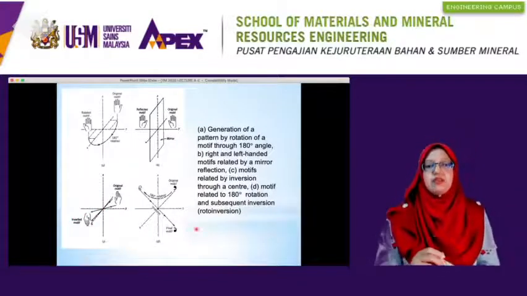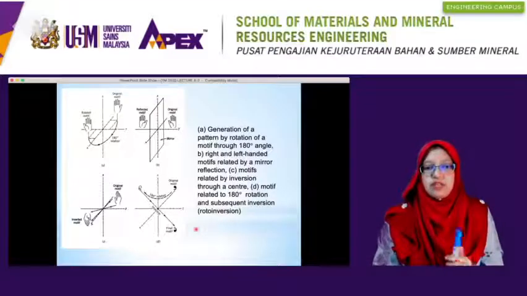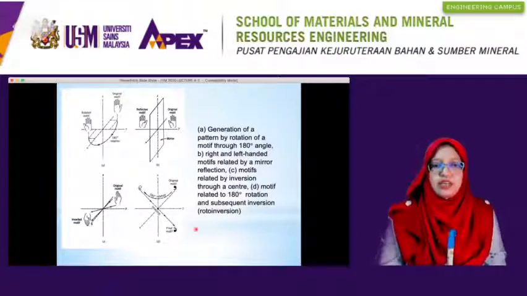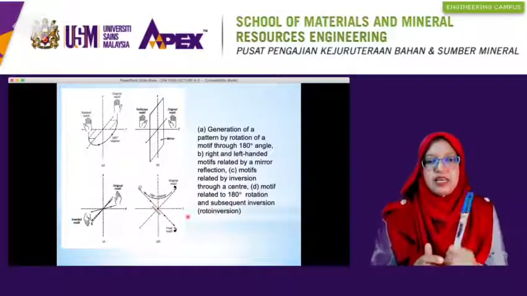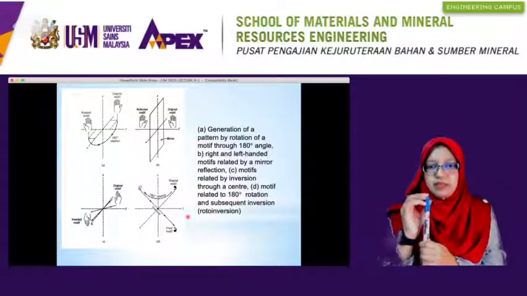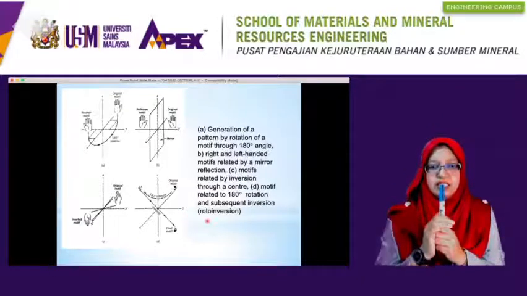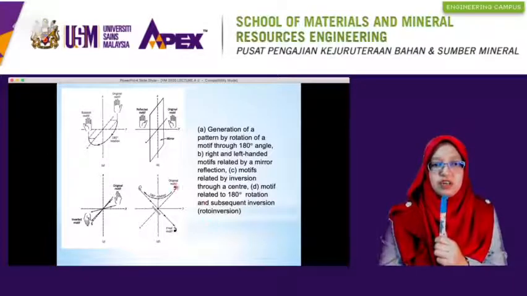Then finally, we have roto-inversion. That means you have to do rotation, and only then do you do inversion. In this case, the angle given is still 180. Like I said, this is my motif, and imagine this is the head and the white part is the tail. The same goes for the comma that we use here. The top part is the head and the bottom part is the tail.